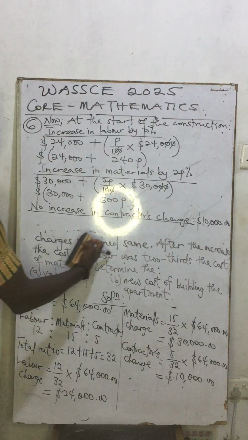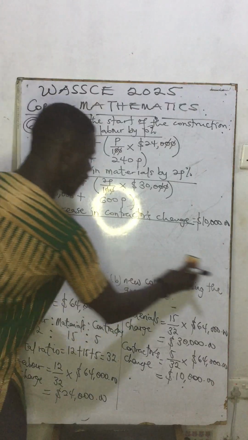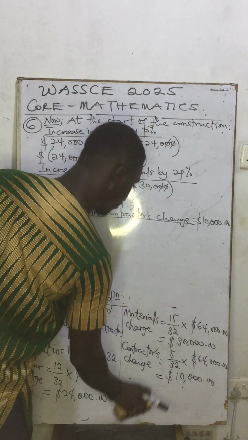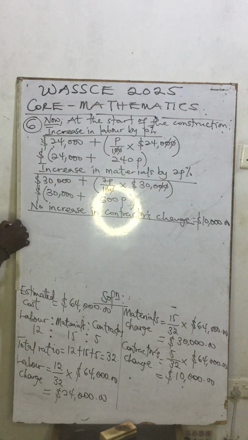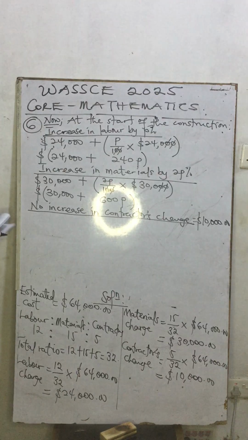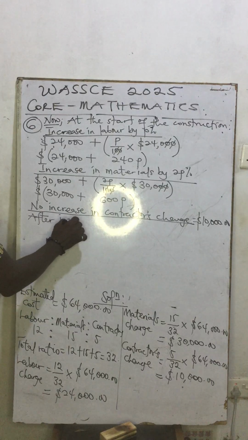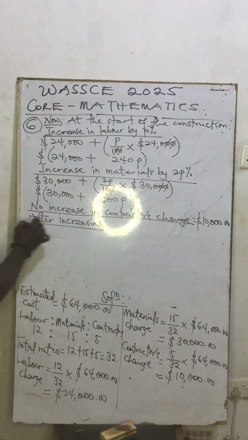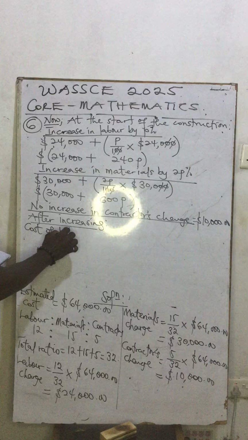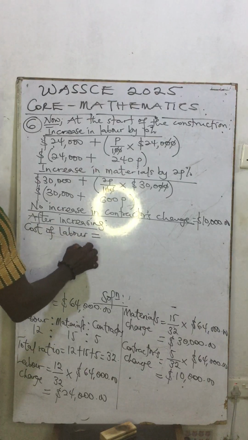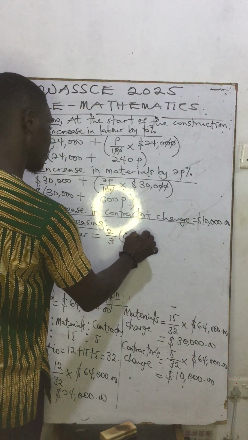What are they saying? The cost of labor was 2/3 the cost of materials. So after the increase, the cost of labor is equal to 2/3 of the cost of materials.